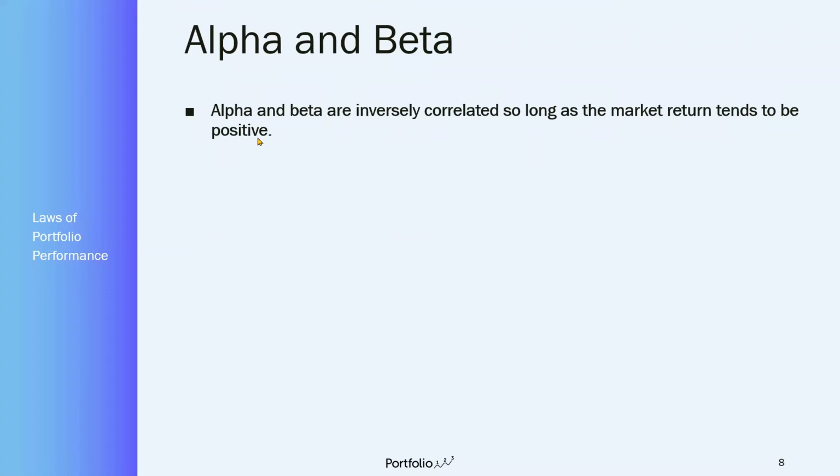And it only applies when that benchmark's returns are more often positive than negative. If you're looking at the Japanese stock market, you're probably not going to find this. This is a mathematical law that applies to all asset classes. It's not just about stocks. It just has to do with the way average returns relate to individual returns.